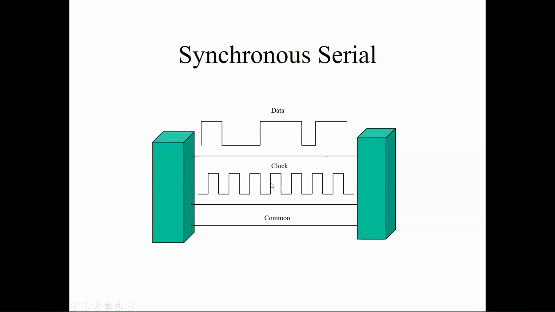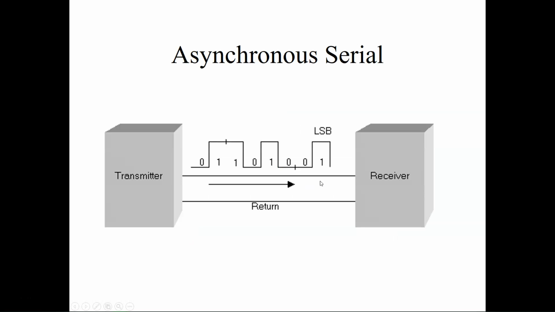The data not so much, but the clock is exactly the same. For asynchronous signals, you'll notice that you have a big one, little, little, big, little. That means that the signal's not steady when it's moving from the transmitter to the receiver in this case.